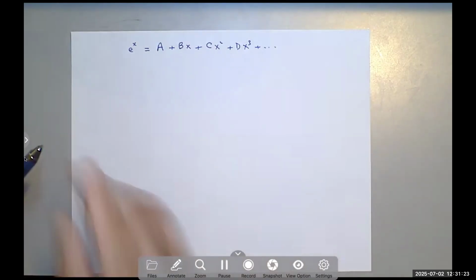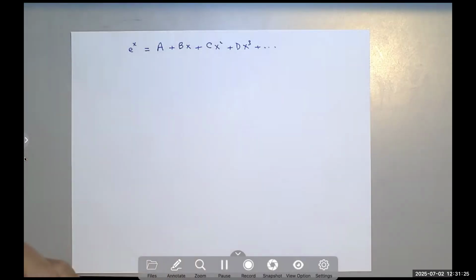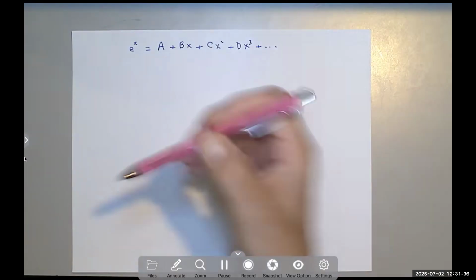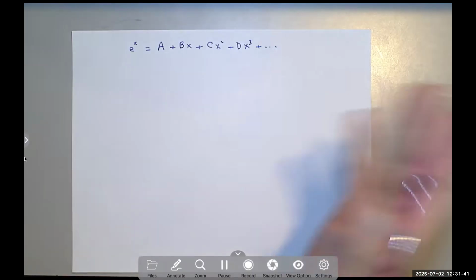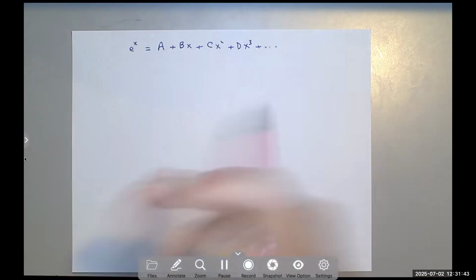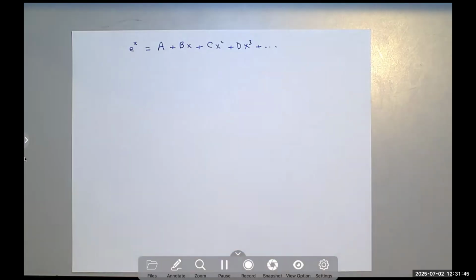If I write it like that, everybody knows that e to the 0 is 1, right? So all I have to do are these two steps, over and over until I'm satisfied. I can see the pattern and I can see what will happen even if I take 100 differentiations.